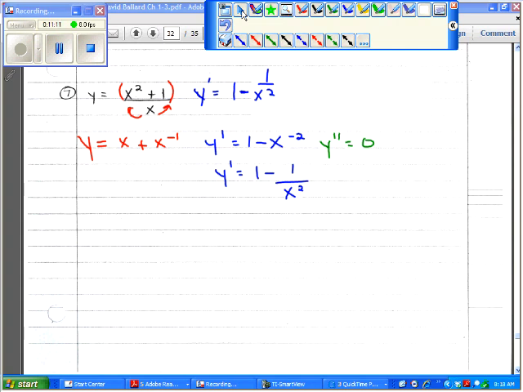The derivative of the second portion is going to be 2x to the negative 3, right? And it's positive because the negative times the negative is positive. And so that's going to look like 2 over x cubed. So y double prime is 2 over x cubed.